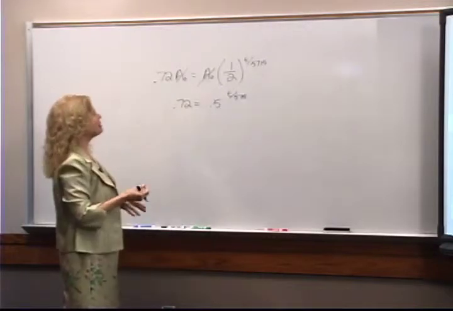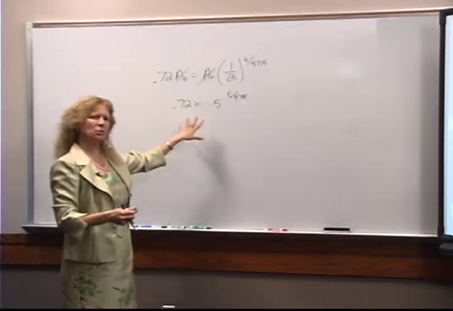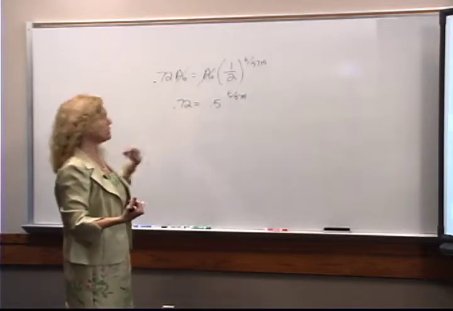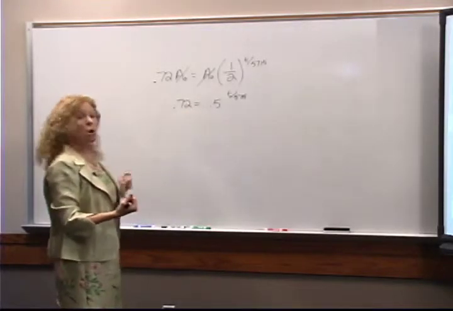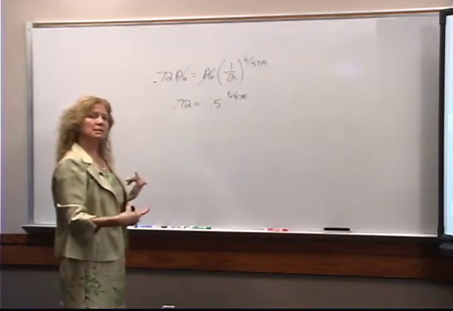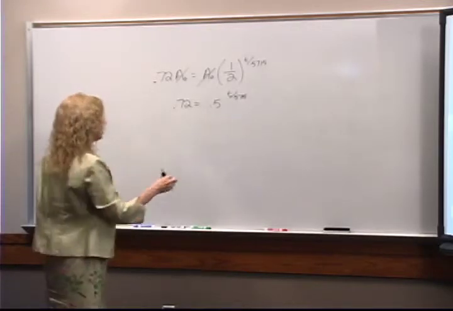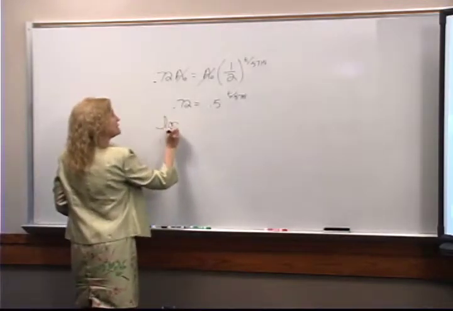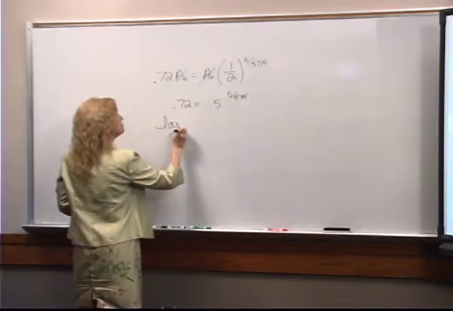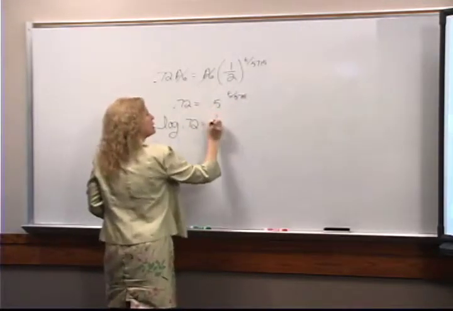Because that's up in the exponent, I need to use logs. Hey, do I really need to go to ln's at this point? No, I can, because it's on my calculator. I can use either ln or log base 10, whichever you prefer. I'll just go ahead and write it as a log in this case, base 10. And that exponent will be able to come down.